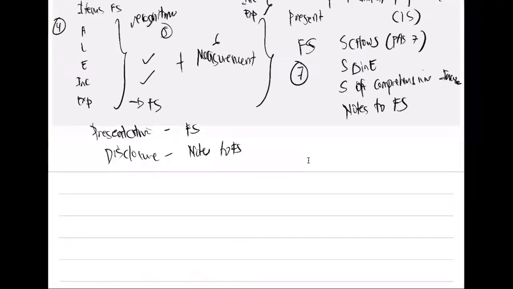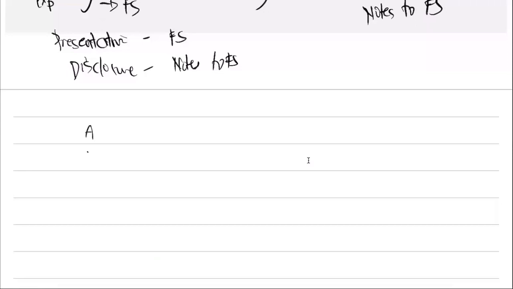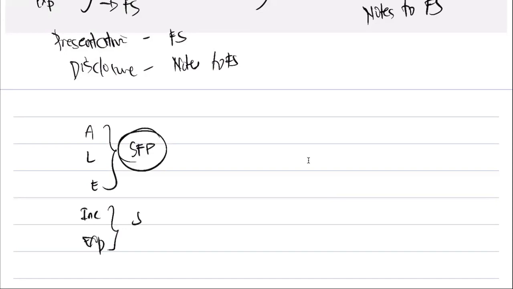Okay, so we have here assets, liabilities, and equity. We said it is presented under your statement of financial position. Income and expenses are presented under your income statement, or also known as your statement of comprehensive income. Later, we will differentiate income statement and statement of comprehensive income.